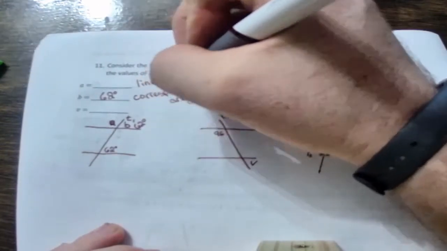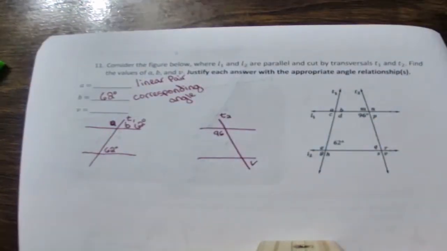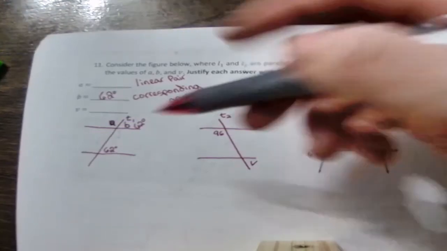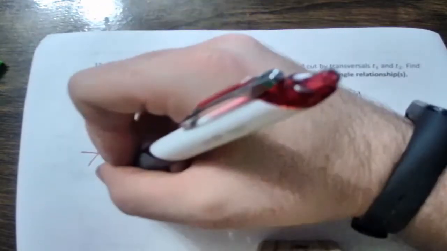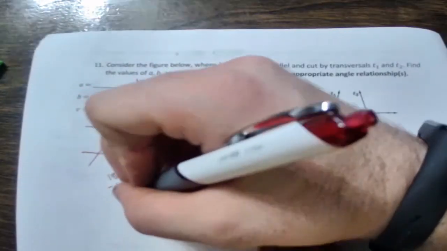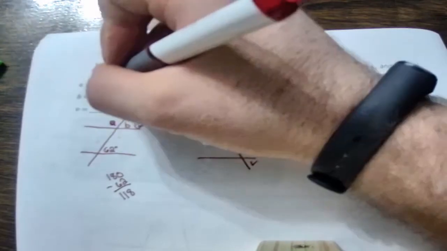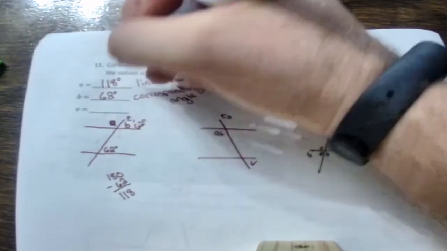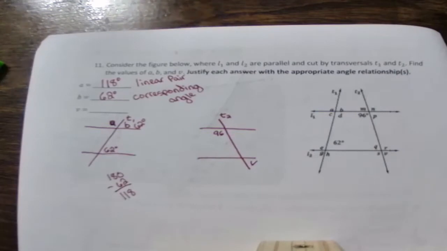Now, if you don't remember about linear pairs, when you add them together, they have to equal 180. So this plus this has to equal 180. So since I know that this equals 62, I can just do 180 minus 62, and that'll get me 118. So this angle right here would be 118 degrees. And I knew this because they form a linear pair.